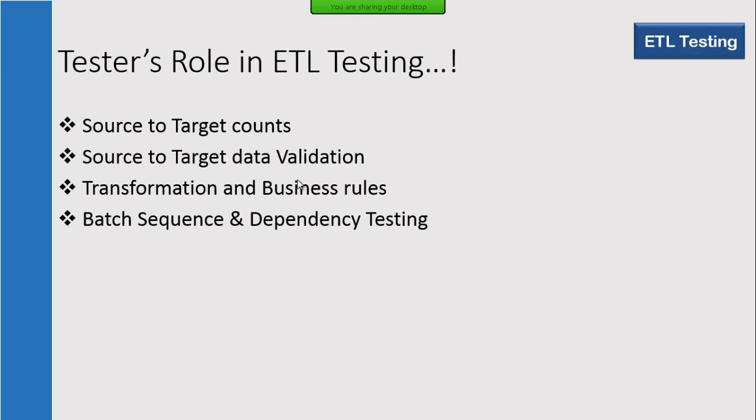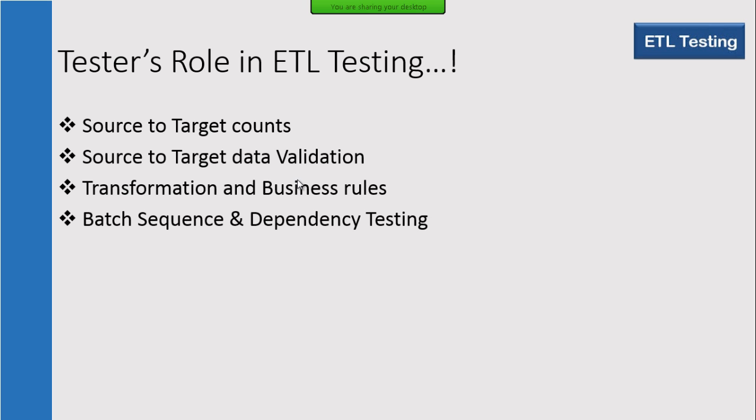Batch sequence and dependency testing. Batch sequence means there are certain tables that should be loaded first and other tables that should be loaded second. So we have to consider this sequence and see whether the batch sequencing is happening properly.